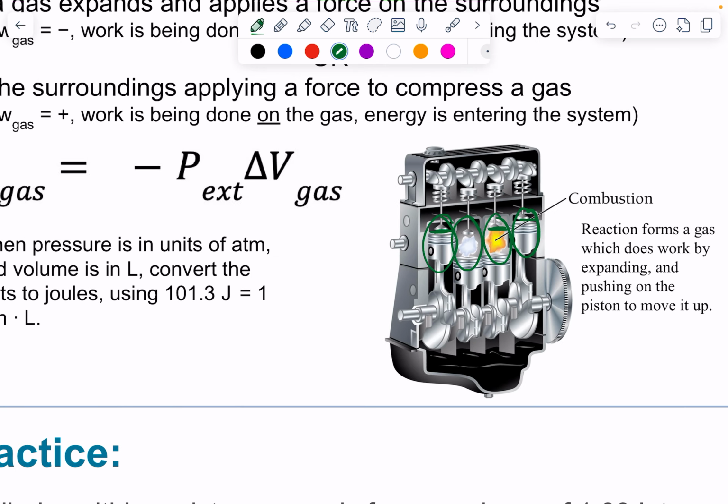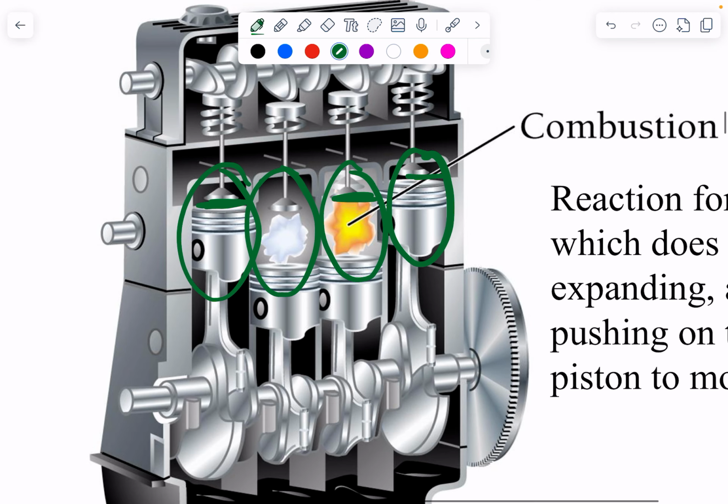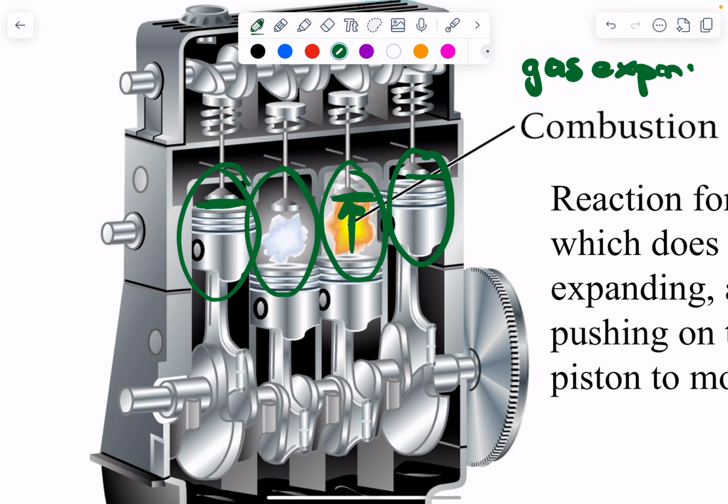So when the chemical reaction occurs, and let me zoom back in, it creates a gas. That gas pushes up on the piston. So the gas expands and pushes up on the piston, and that's how it does work. If you remember, if the system does work, then the sign should be negative.